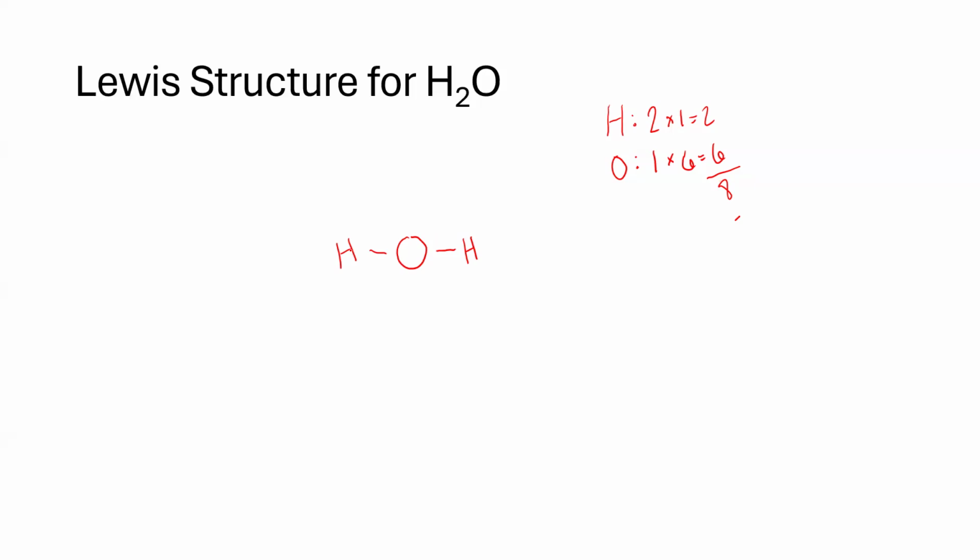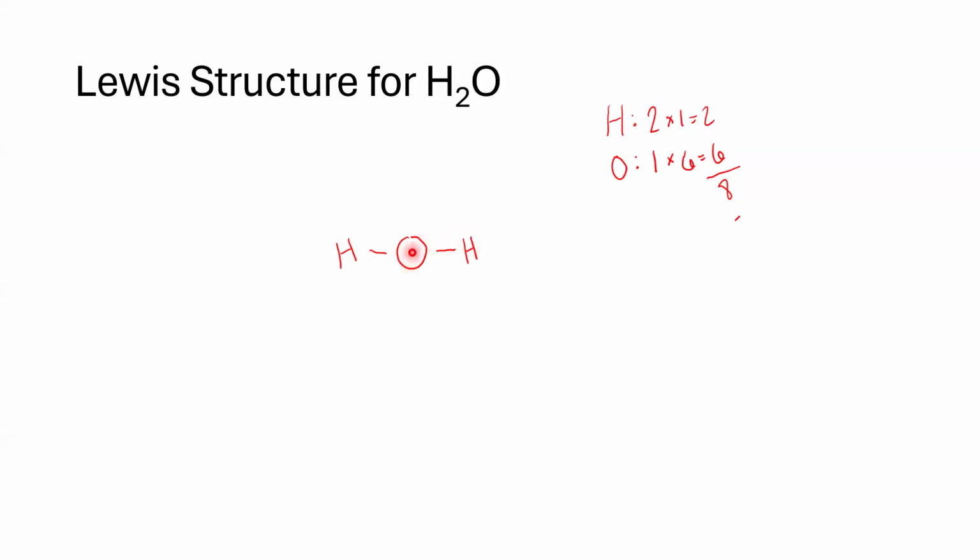Hydrogen can only handle having 2 electrons. This bond counts as 2 electrons. A covalent bond is a shared pair of electrons, so each one of these bonds is 2 electrons. It is shared, so each of my hydrogens already has 2 electrons.